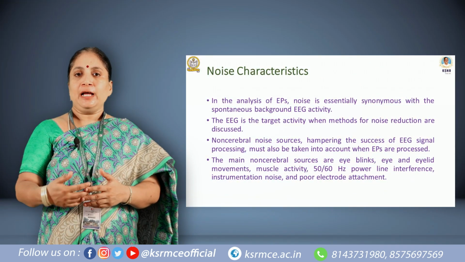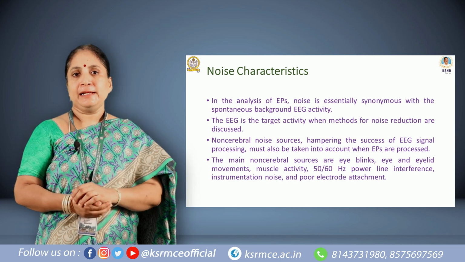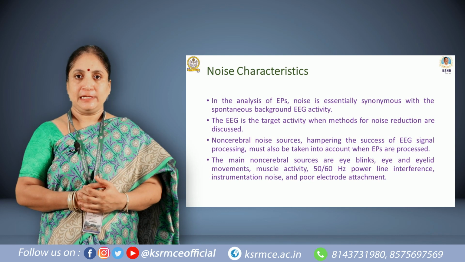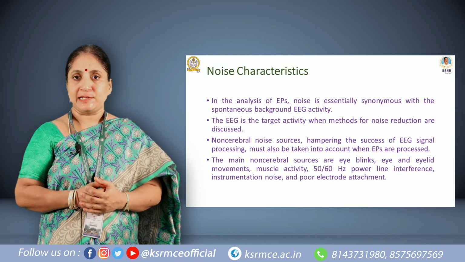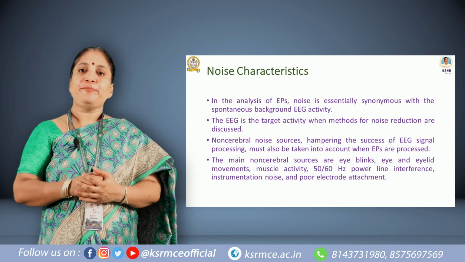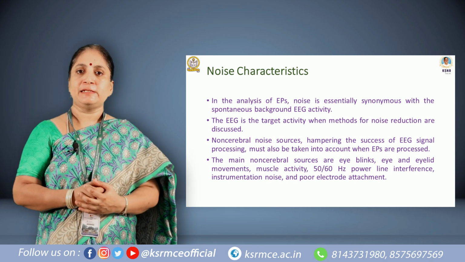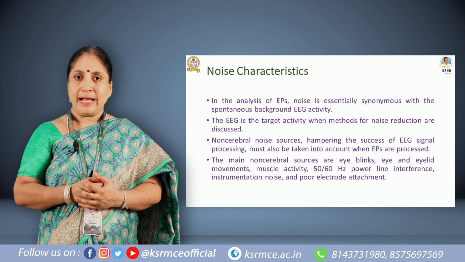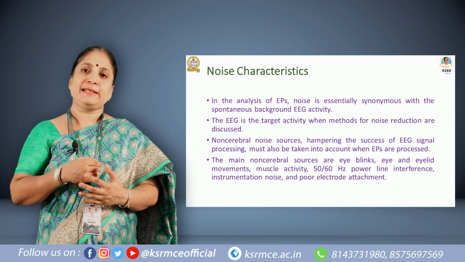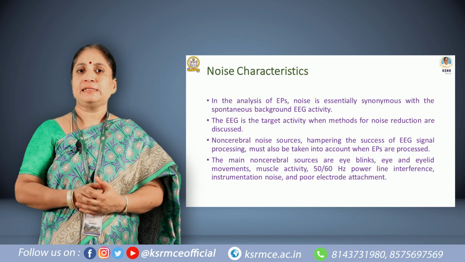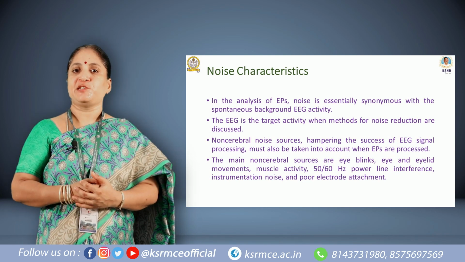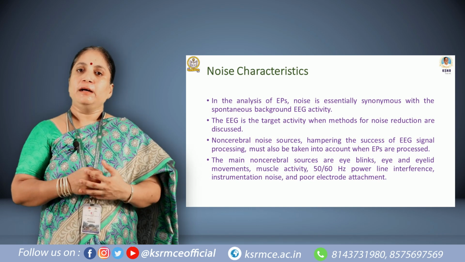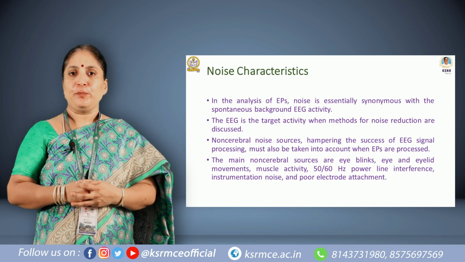Next, let us discuss the noise that occurs while measuring these evoked potentials. One of the main noise sources while measuring the evoked potentials is the background EEG. We have to suppress the background EEG and extract only the fluctuations in the EEG caused by the applied stimulus. So, the background EEG is considered the main noise while extracting the evoked potentials.